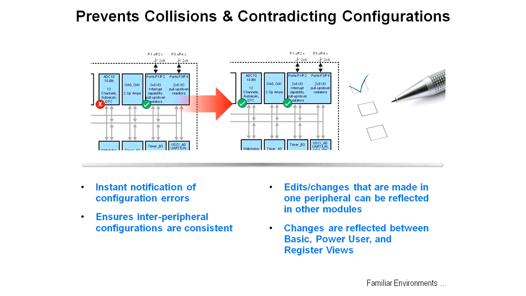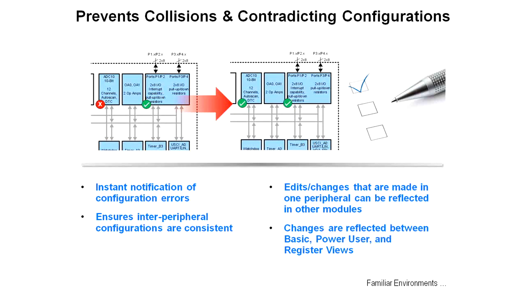Another feature of Grace is to prevent collisions and contradicting configurations. You will get instant notification of configuration errors when you're trying to do something wrong, and it ensures interperipheral communication configurations are consistent if you're trying to talk from one thing to the other.